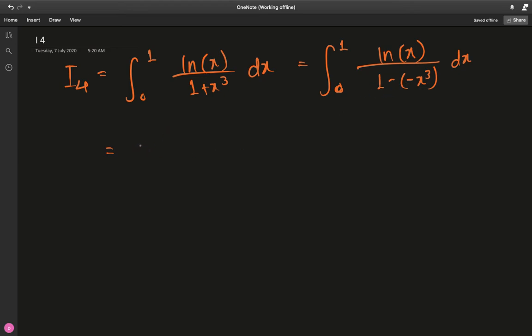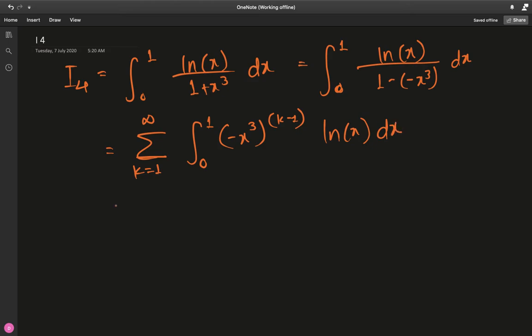So we have the sum going from k equals 1 to infinity of the integral from 0 to 1 of minus x to the third power raised to the k minus 1th power times natural log of x dx. We can certainly pull out the negative 1 to the k.